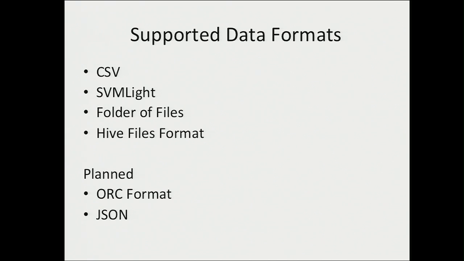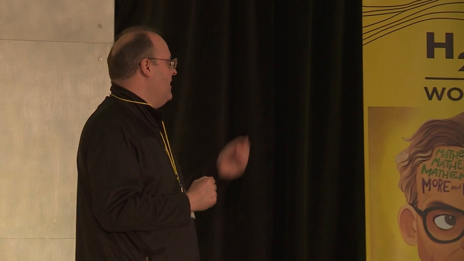In terms of data support formats, CSV, the row column kind of idea is how we best handle data today. We do have an SVM Lite parser as well, which is a sparse format. So if you do have some sparse data, it's possible to read that in as well.